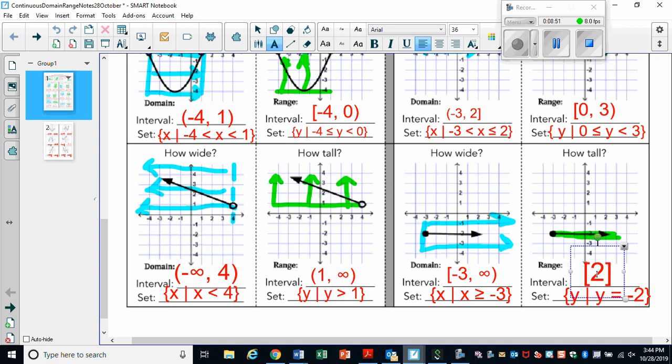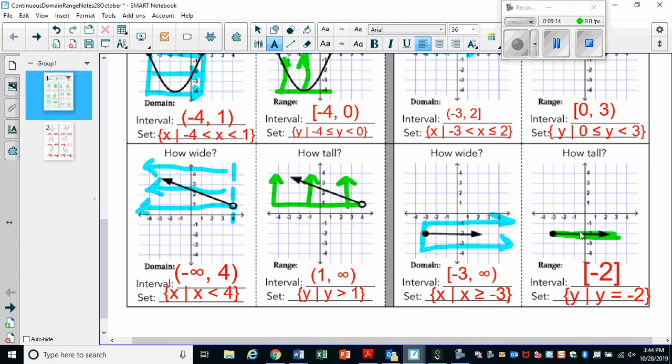For the interval, boom, there we go. We are good. So our interval for the domain goes from -3 all the way to positive infinity. We don't stop. So the set builder notation is x such that x is greater than or equal to -3.